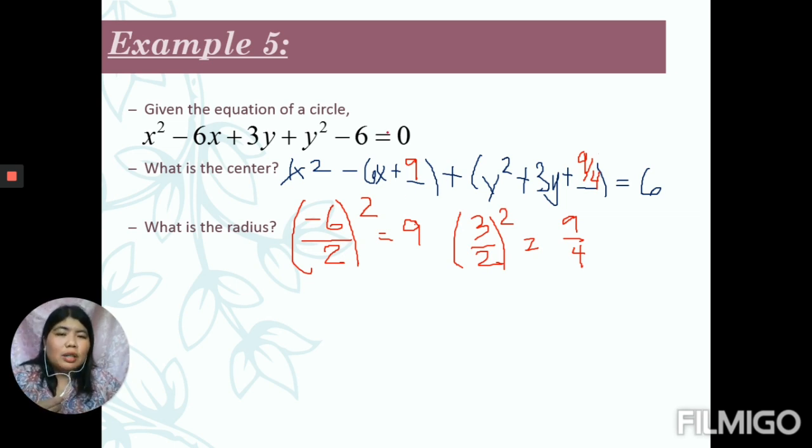Kung ano yung dinagdag nyo dito sa left side, kailangan idagdag nyo din sa right side. So, magkakadagdag tayo ng plus 9 saka plus 9 over 4. Then, simplify. Complete na natin yung equation.